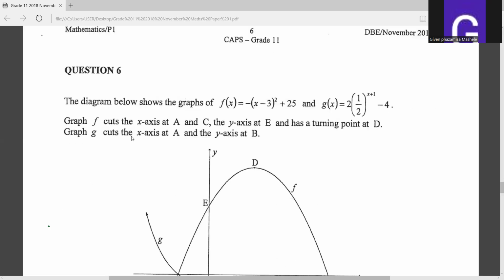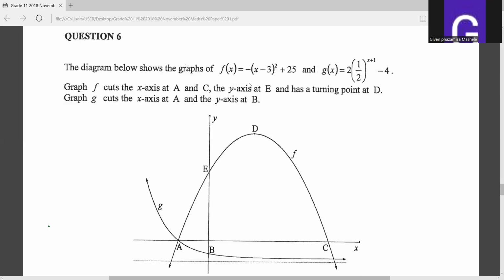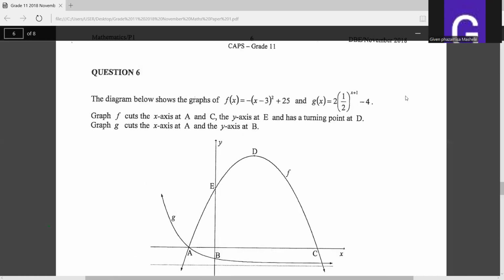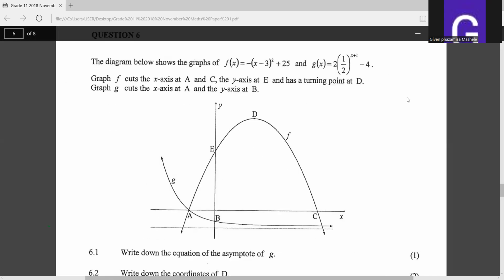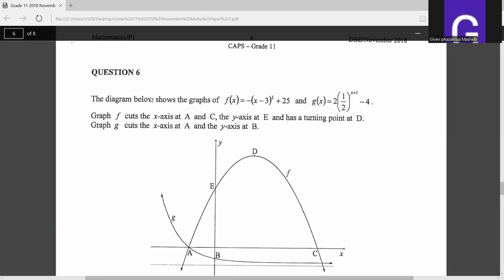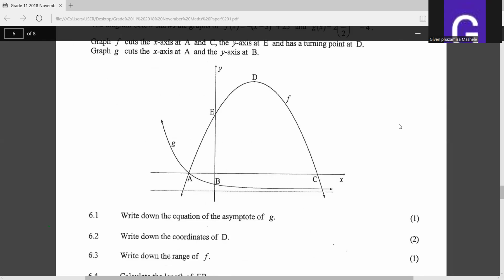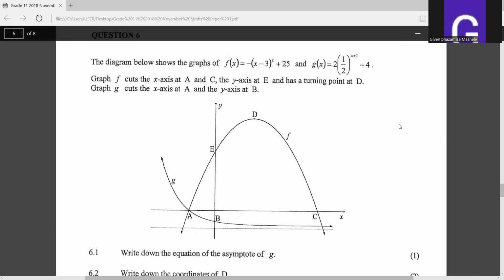Okay. Then in the next question, what do we have? Question 6. In question 6, we are given the diagram below which shows the function f of x, which is equal to minus into x minus 3 squared plus 25. Obviously, this is a parabola.